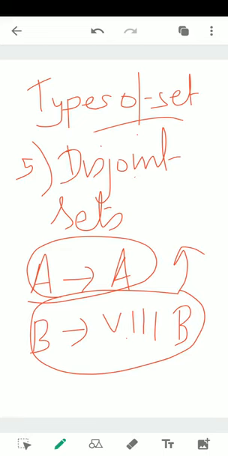So I can say that these two sets are disjoint. Disjoint sets can be defined as: two sets are said to be disjoint if they have no element in common, because none of the students in 8A will be in 8B and none of the students in 8B will be in 8A. So this is one way of defining disjoint sets.